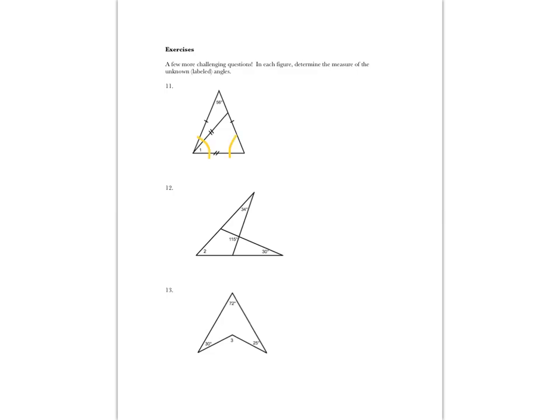To start off in 11, notice that you have a vertex angle of 56 degrees on this big isosceles triangle, which means I have 62 degrees for this entire angle, and 62 for the entire one over there, which is a little bit bigger than angle 1. So now I'm going to redraw that other little triangle.